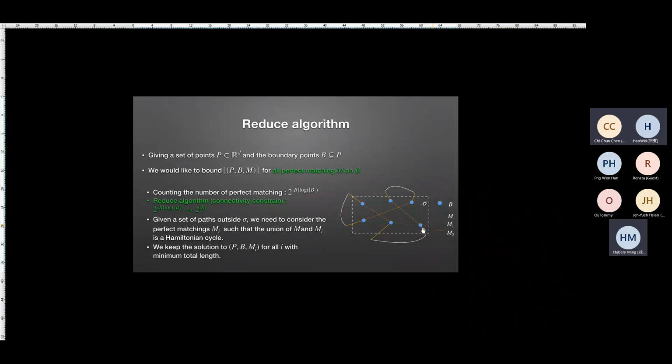That means it forms a cycle. For a given N, there are a lot of Mi, and we just have to keep the Mi with the minimum total length. That is to say, we could disregard a lot of Mi. That helps the reduced algorithm to reduce the number of all perfect matchings from this number to a smaller, sub-exponential number.